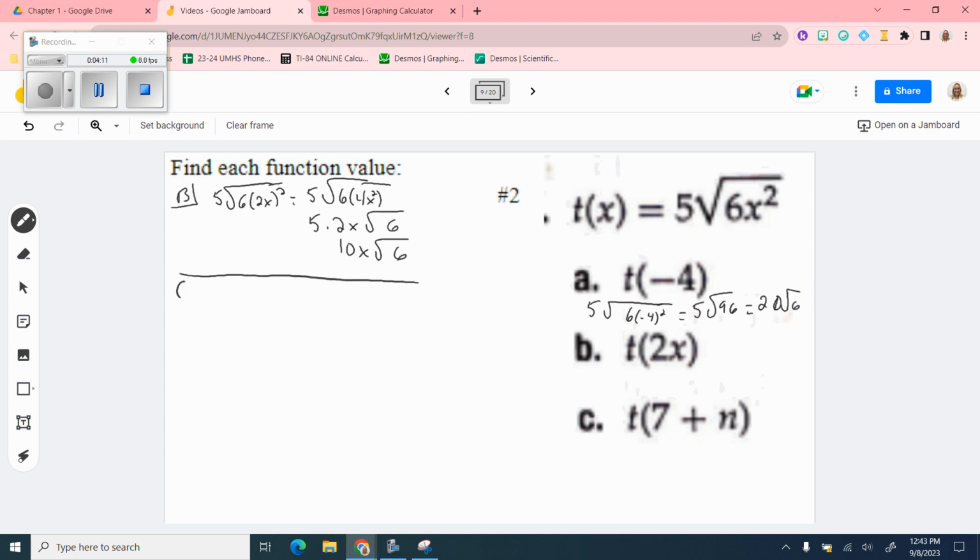And then finally for C, even though it looks the most complicated, it's going to be our easiest because there isn't much that we can do with it. We're going to have 5 times 6 times 7 plus n squared. Now here again, when you take the square root, remember you're just dividing that exponent by 2. So I can technically bring that 7 plus n outside of the square root here, and I just have 6.